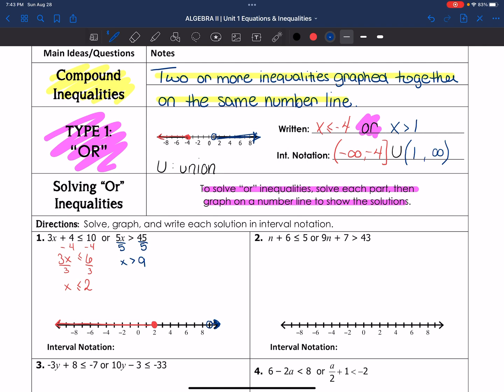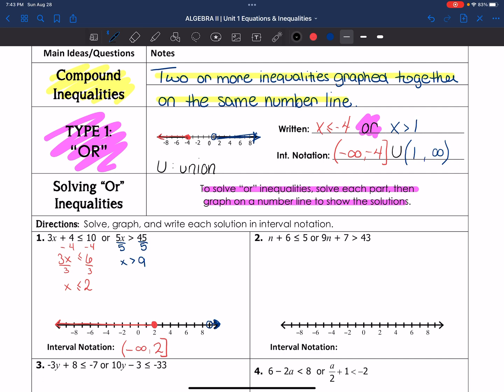So there you have it, ladies and gentlemen. We have solved, we have graphed. Now let's write it in interval notation. The red portion here goes from, on the left, negative infinity all the way to 2, and we're going to close it up because it is a closed circle.